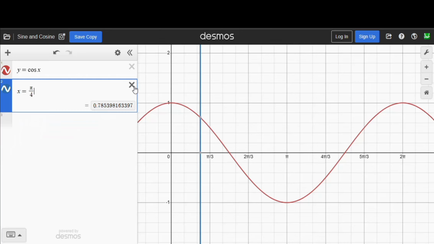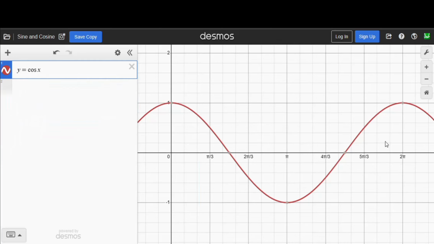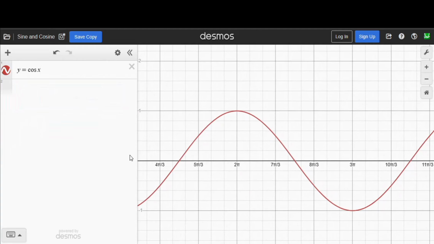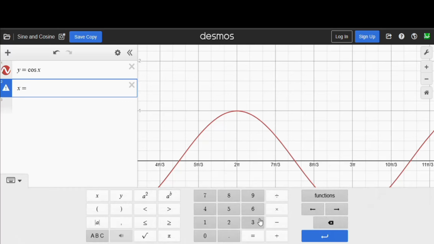Now, let's check the function. Check some random values. What if we have x equals 3 pi? What can we predict? If 2 pi is 1 period, then if we sum with pi, we should get -1, because 3 pi is half the next period.